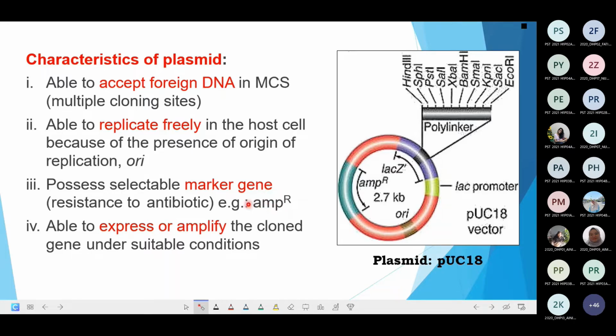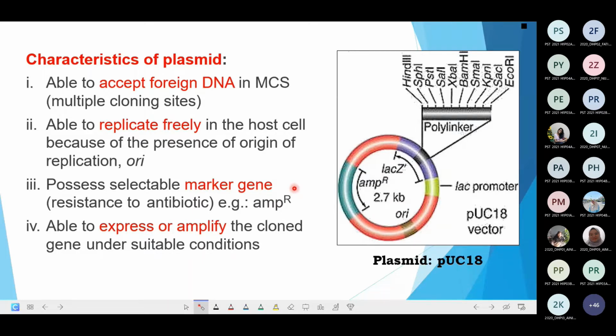This AmpR is specific for the resistance to ampicillin, a type of antibiotic. And usually this AmpR gene can be considered as a marker gene, which is important later in the process of screening, during the process of gene cloning.